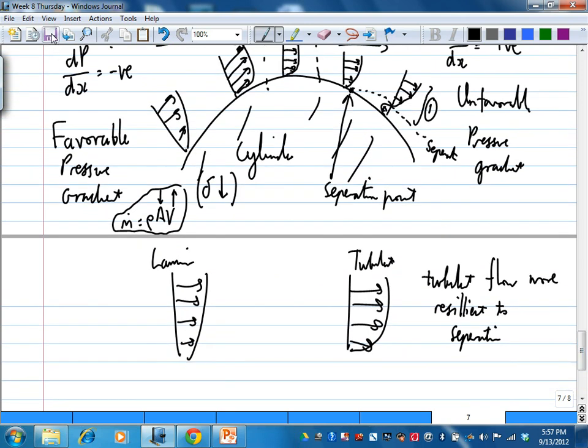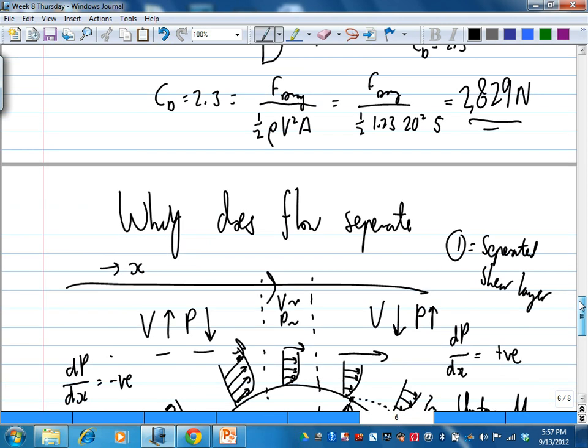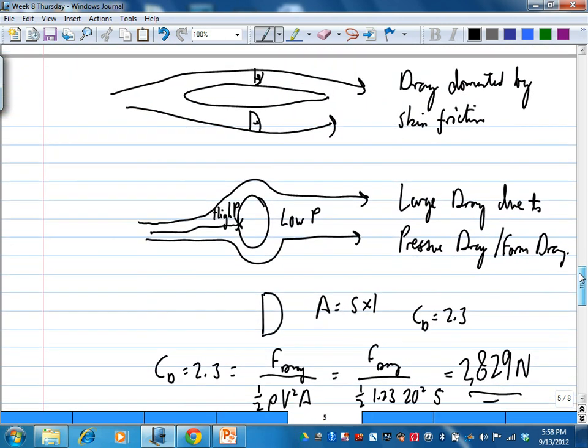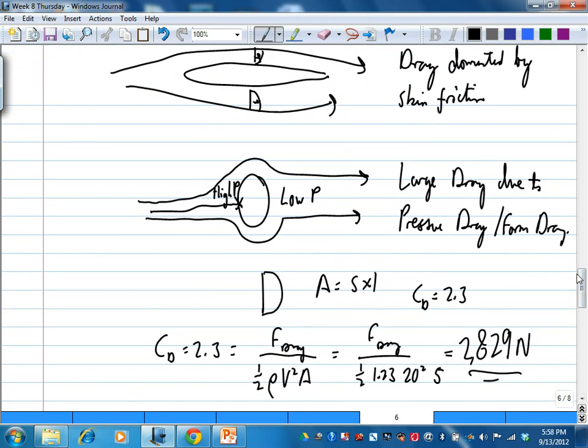Alright, you copy down, finish now. Let me copy first. Alright, if you are in this case, for bluff bodies, you will want to delay separation. Okay or not?